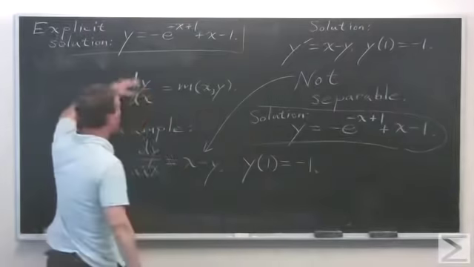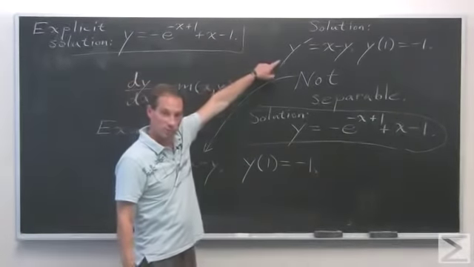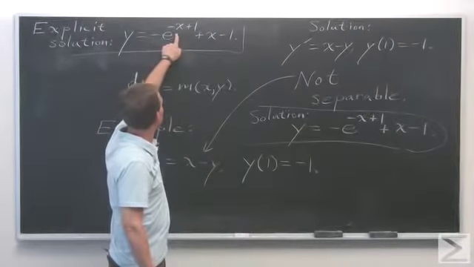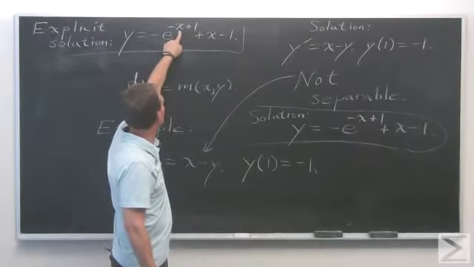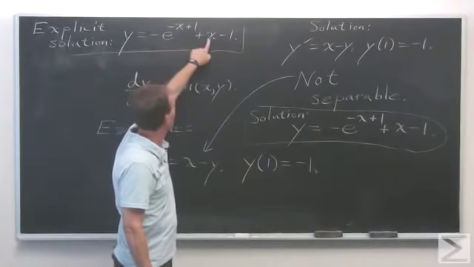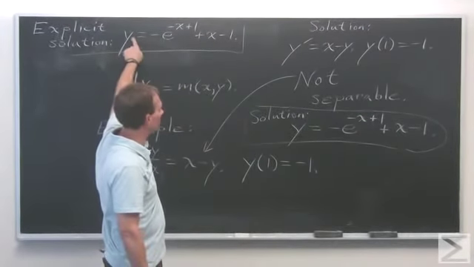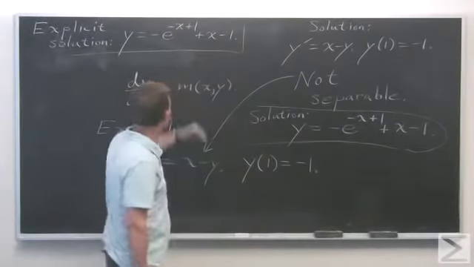As an exercise, you could of course verify that this is a solution to this initial value problem. When x is 1, you get e to the 0 here, so that's 1. So you get minus 1 plus 1 minus 1. Yeah, that's minus 1. And then you verify that the derivative of this equals x minus this.